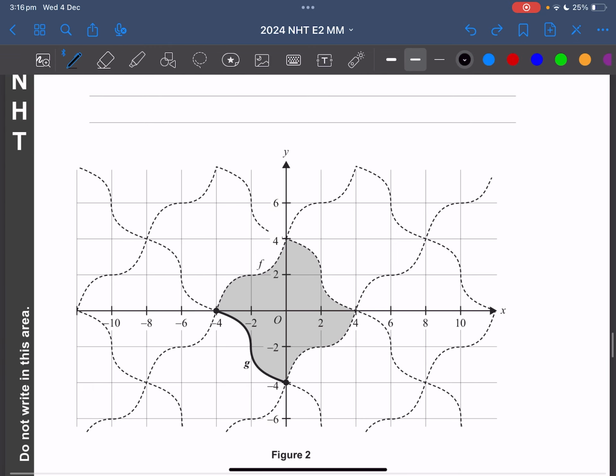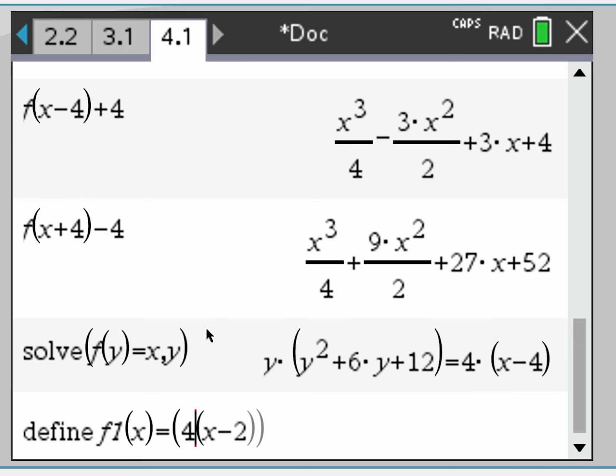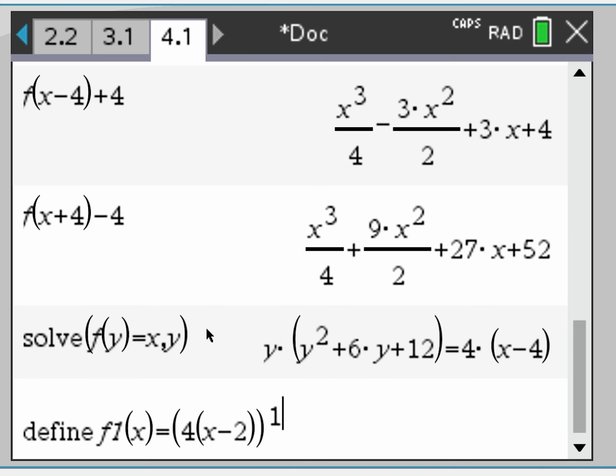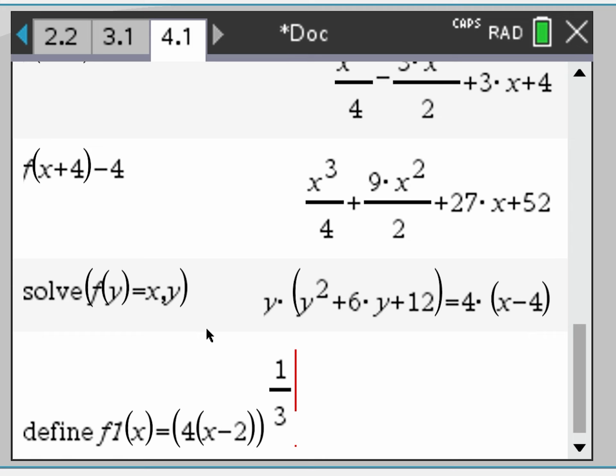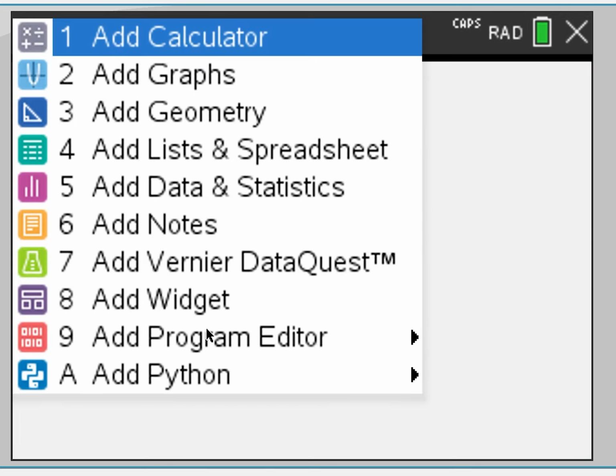Okay, so in that case, maybe I should start by defining the inverse on our calculator. 4 times x minus 2. The whole thing has to be to the power of 1 on 3. And take away 2. Okay. So let's plot this on the graph.